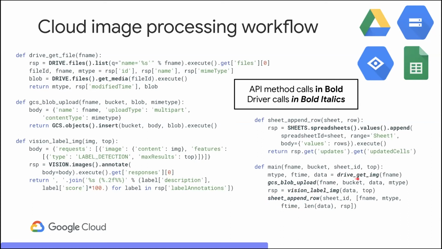It's going to download the file from Drive and return some data: the actual payload, the binary, the timestamp, the MIME type of the file. Then I'm going to upload that to cloud storage. Then I'm going to call the Vision API on that data and get the top 5 labels from Cloud Vision. And then I'm going to write the row with most of this data into the spreadsheet.